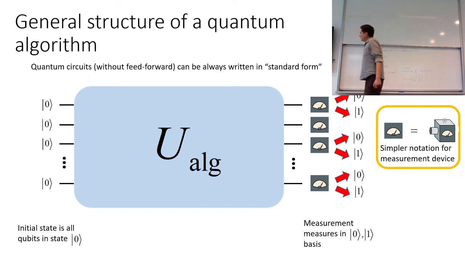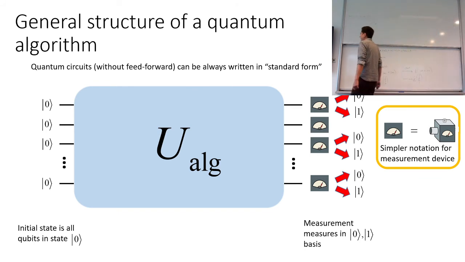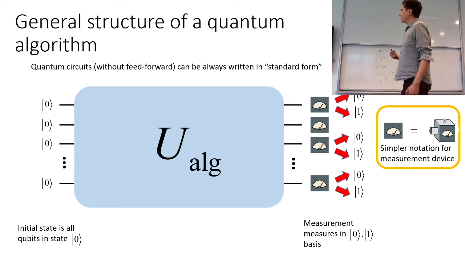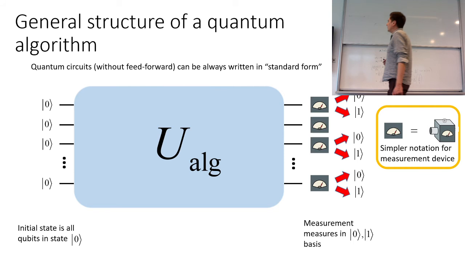As I said, the general structure of a quantum algorithm more or less looks like this. And let's be a little bit more specific about the types of quantum gates. I'm going to be a little bit more specific about the input state.